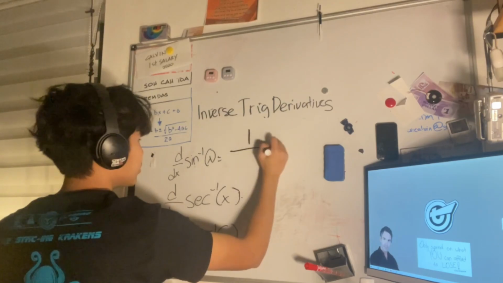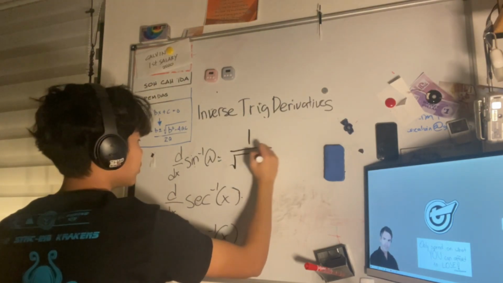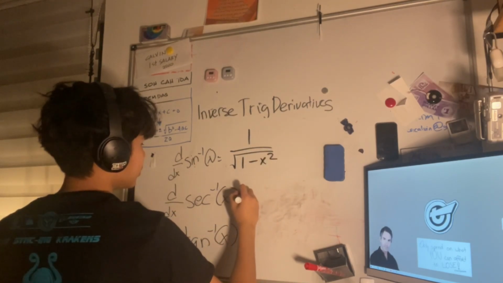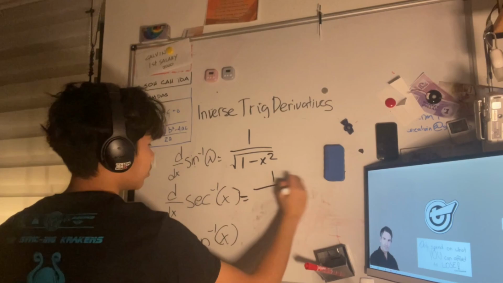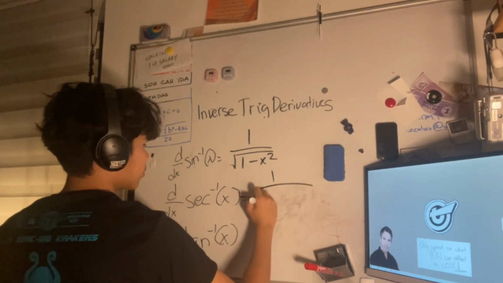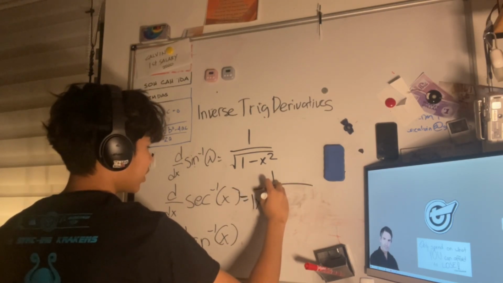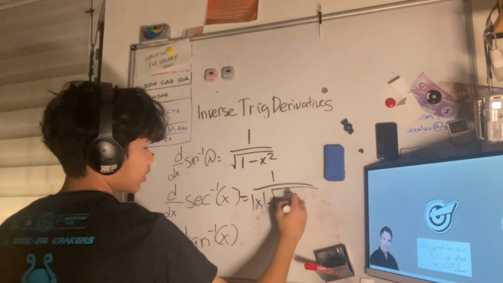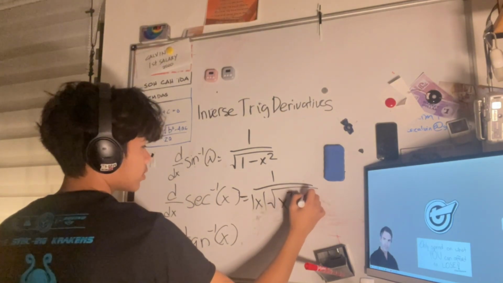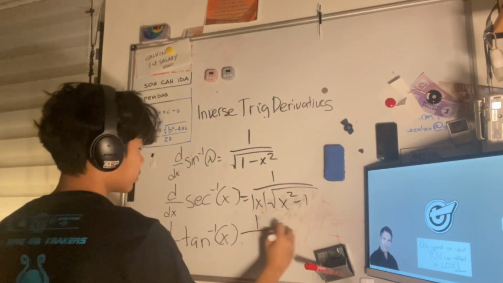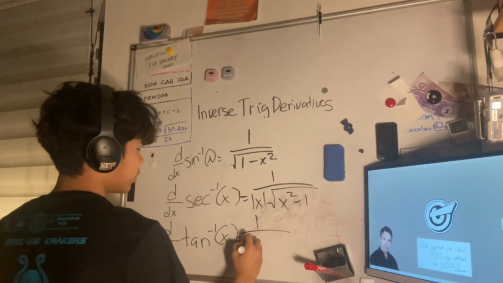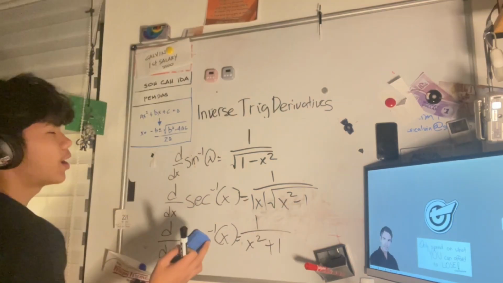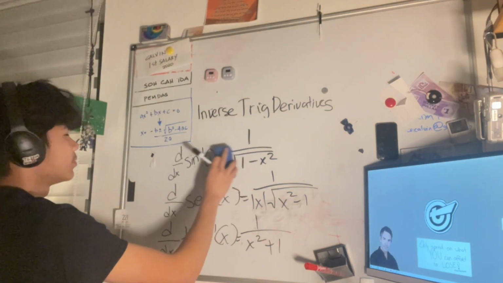This one will be 1 over the square root of 1 minus x squared, and this one will be equal to 1 over the absolute value of x times the square root of x squared minus 1, and this will be equal to 1 over x squared plus 1.